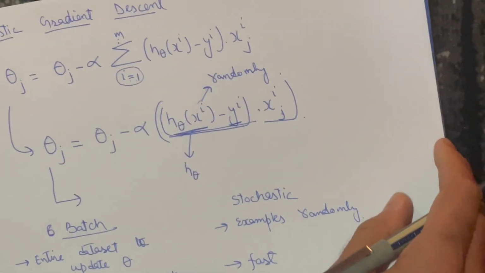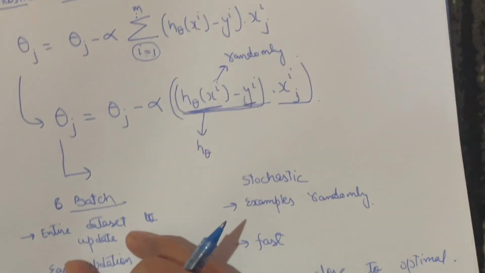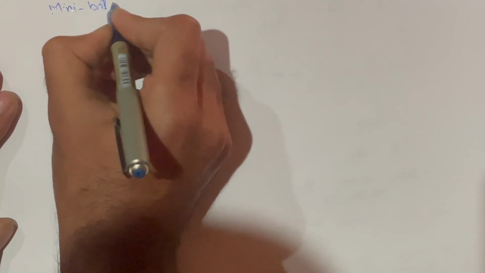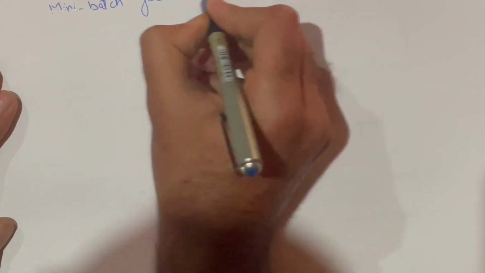We can combine stochastic and batch together, and that gives us mini batch gradient descent. What does that mean?